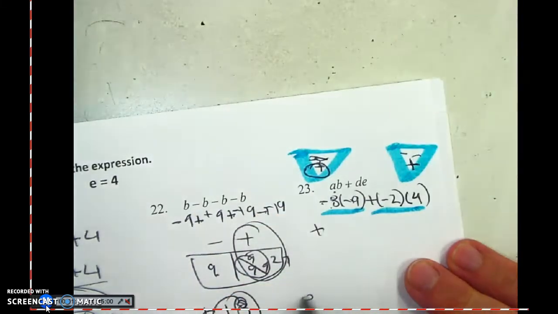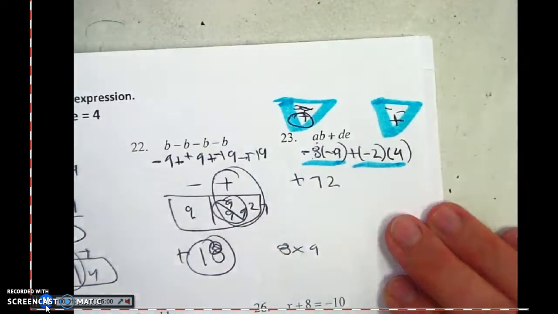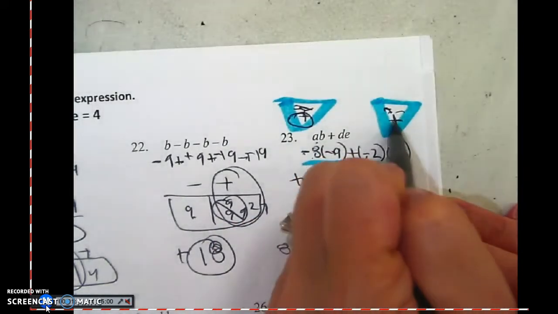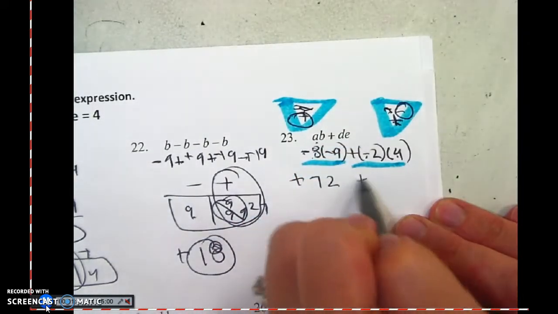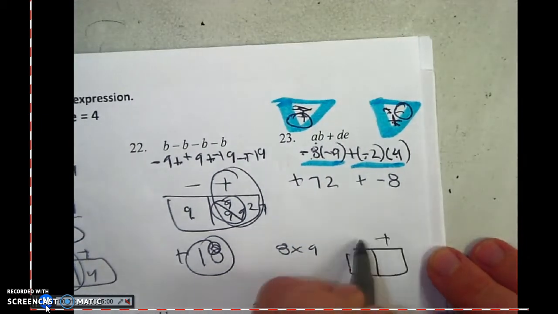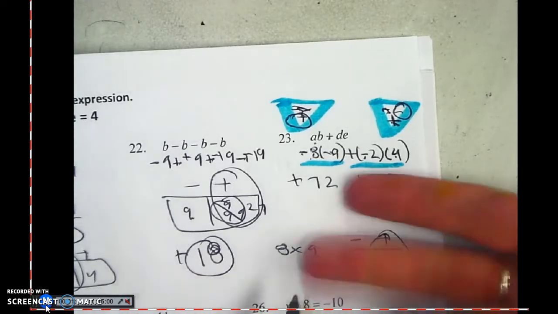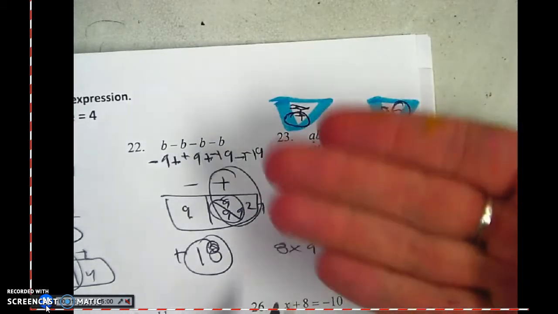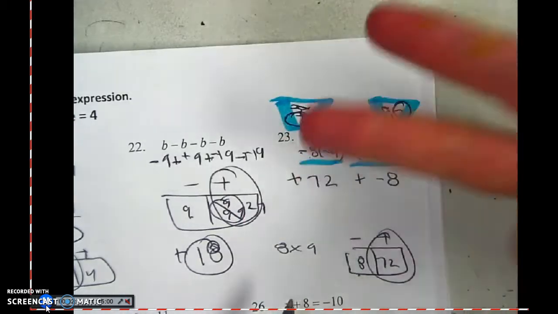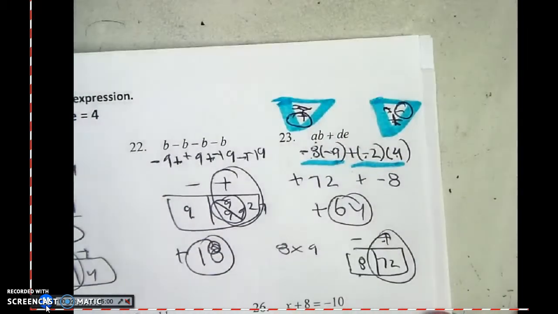And 8 times 9 is 72. Negative, bye-bye, positive, bye-bye, boom, negative. Now I'm going to do my box. 72 and 8, boom, subtract. 71, 70, 69, 68, 67, 66, 65, 64. So 64, boom, positive, ugly.